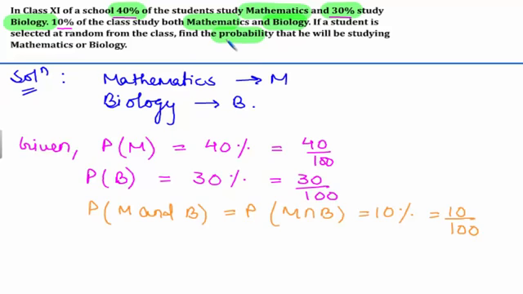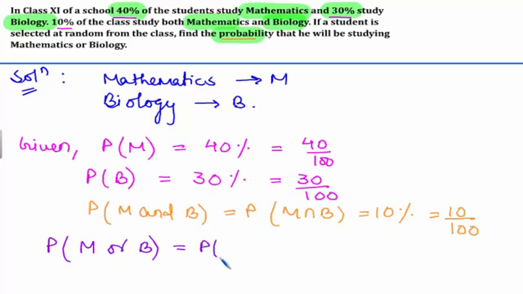Now we have to find the probability that he will be studying mathematics or biology if a student is selected at random. Therefore, we have to find probability of M or B for a student.